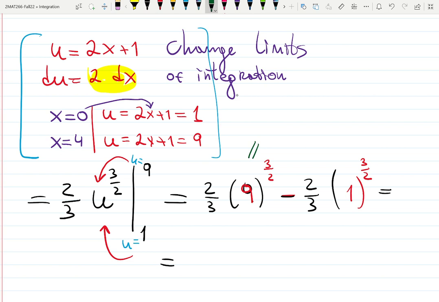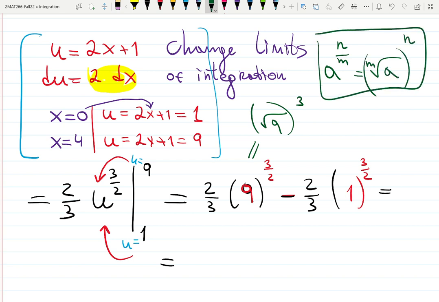Oh, nice, people know. Square root of 9, and it is cubed, based on the formula of powers. It's usually n over m. Whatever is at the bottom becomes the root, and whatever was at the top goes to the top. That's the formula. So the square root of 9 is 3. And then 3 times 3 times 3 is what? 27.